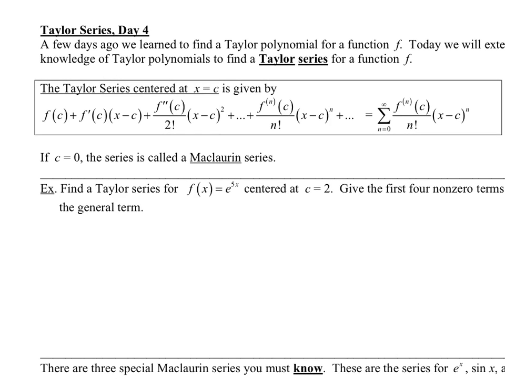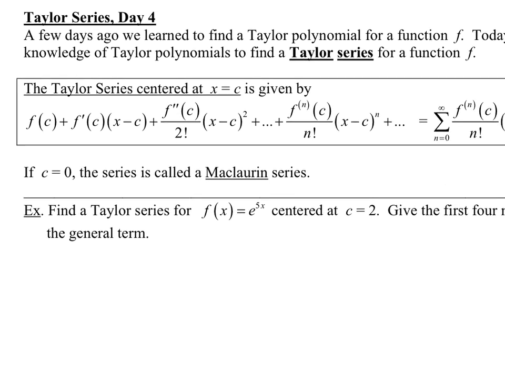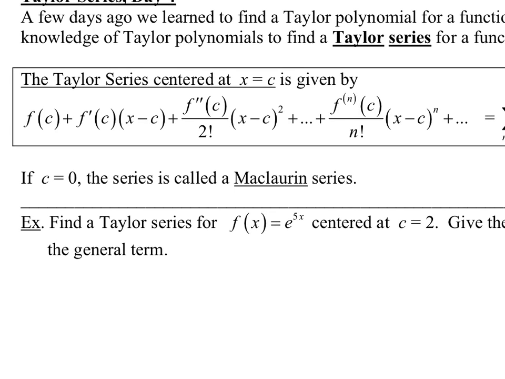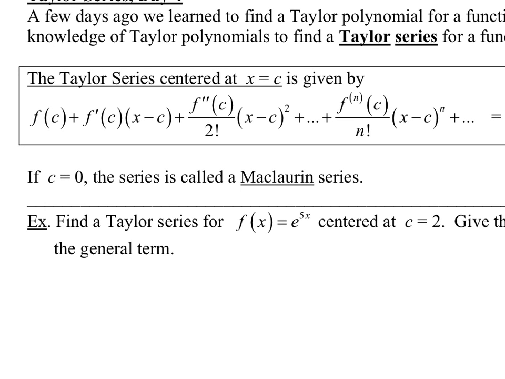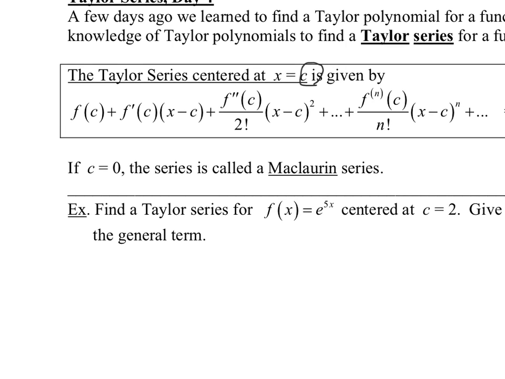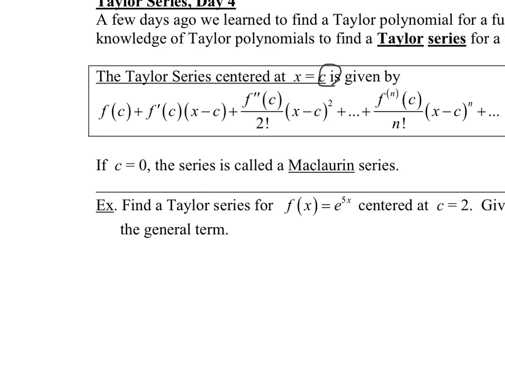Let's look at a little review, Taylor series, but we're going to add to it. As you know, a Taylor series is any series where the center is some value, c. We always set it up by saying that your f of c would have been your first term.